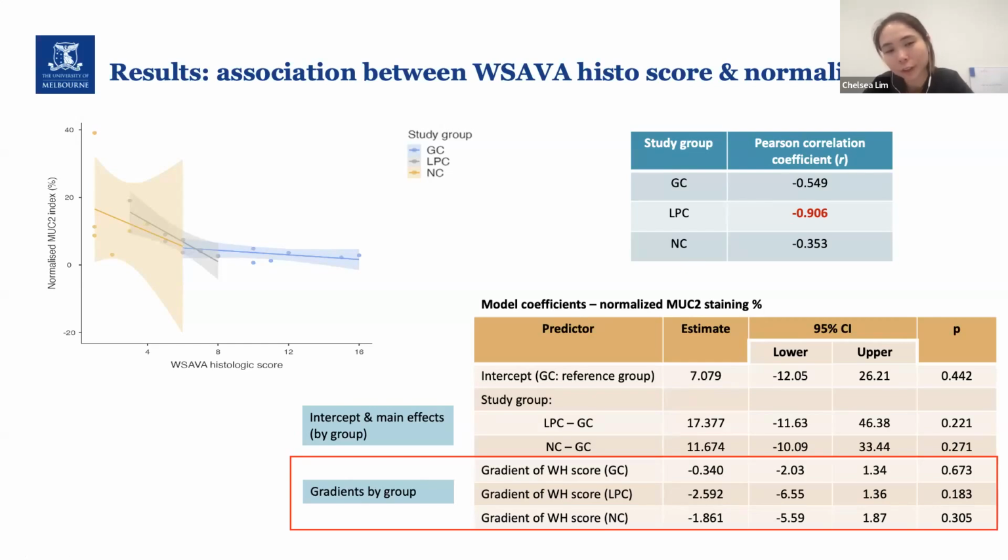Interestingly, in contrast, weak negative correlations were observed in GC dogs, seen from the blue line here, with a 0.34% decrease in MUC2 expression. And for non-colitis dogs, a 1.9% decrease in MUC2 expression for every unit increase in Wasaba histologic score, and the gray line here.